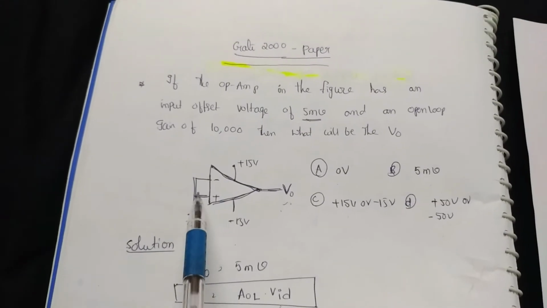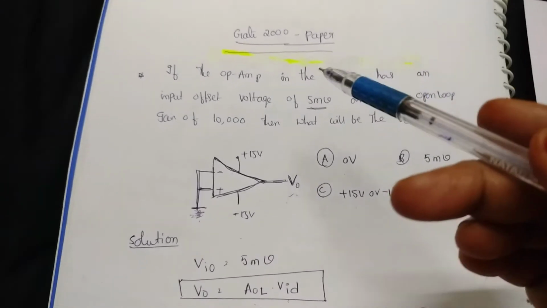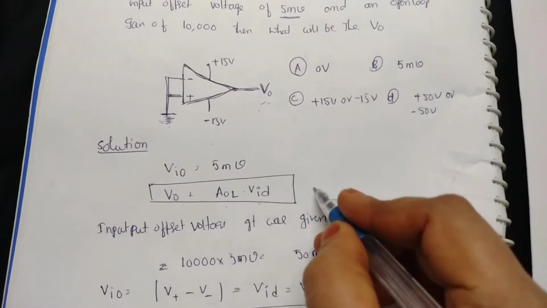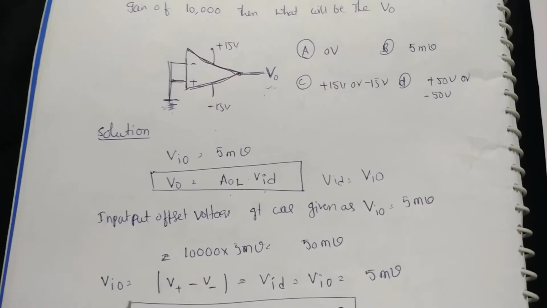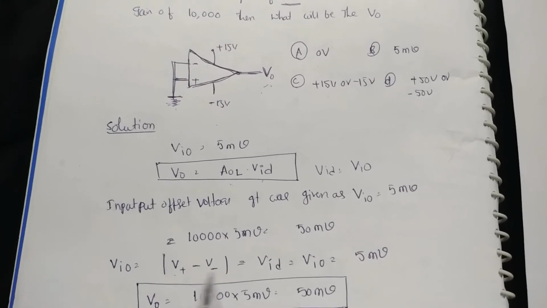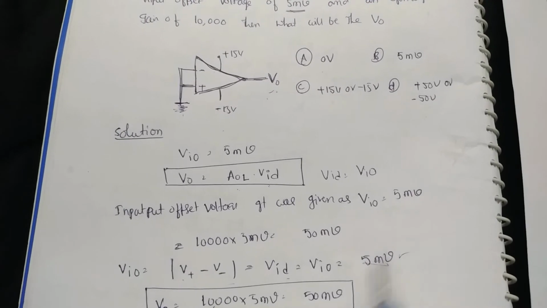But here no input voltage is given, only the input offset voltage, which is 5 millivolts. Here VID is equal to VIO. VIO is the difference between the modulus values of the inverting and non-inverting terminals. So VID or VIO is equal to 5 millivolts.